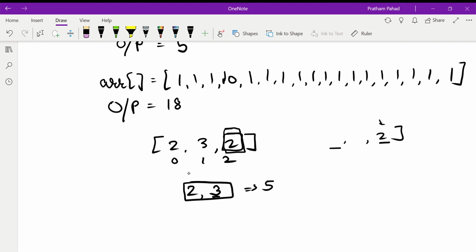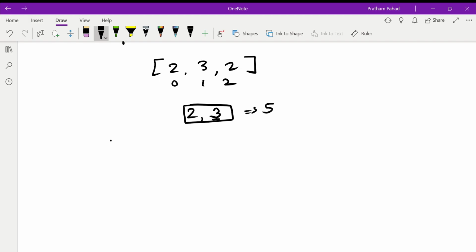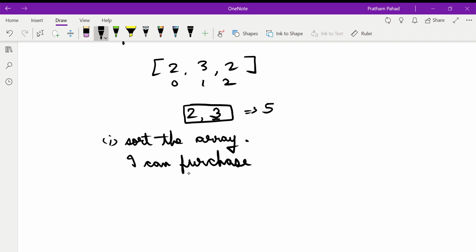So one thing we are sure about is that we want to purchase the maximum price candy first. So how can we purchase the maximum priced candy initially? If I sort the array, I can purchase my maximum priced candy first.